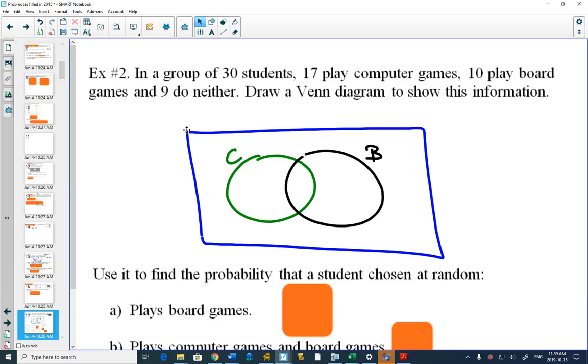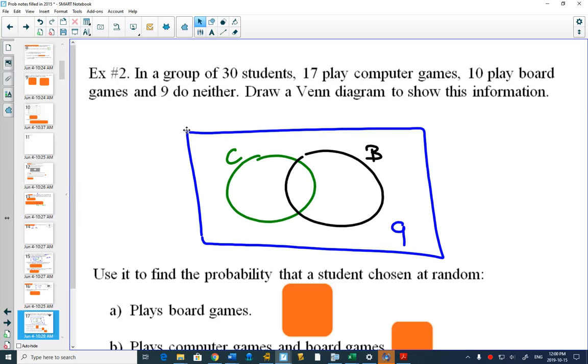It could be that some play both, but it doesn't tell us. We have to use the information given in this question to fill in all the numbers. Are you okay with this being a 9 as the first number and the easiest number to fill in? Now you've got some problem solving to do.